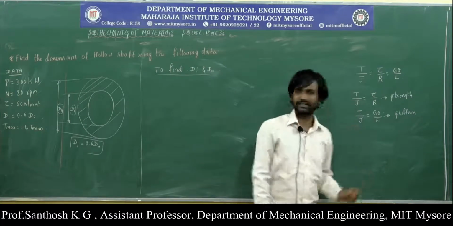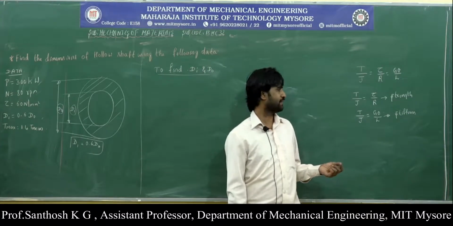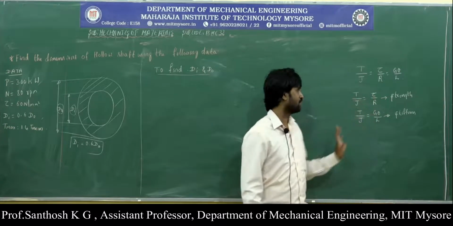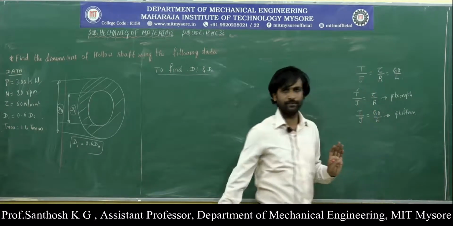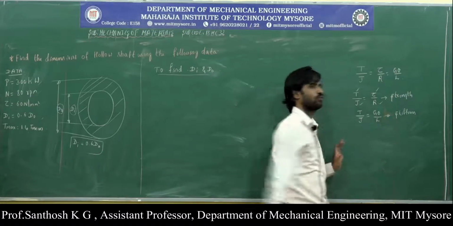So which equation should I use to find the values of di and d naught? Here if I want to use the strength equation, I should know the value of T, the value of J, the value of tau, and the value of R.